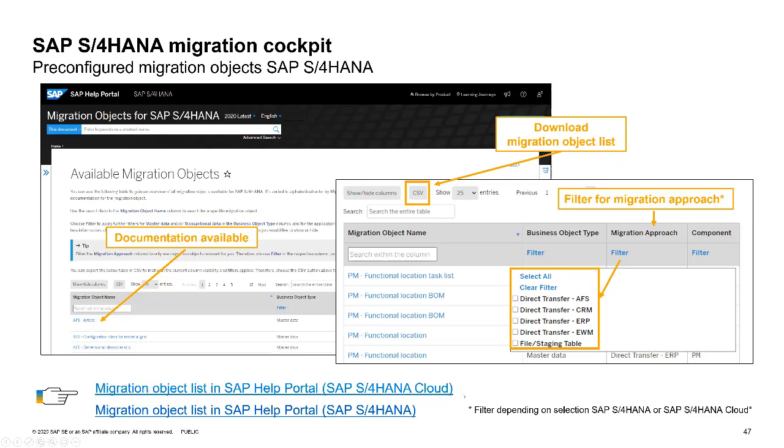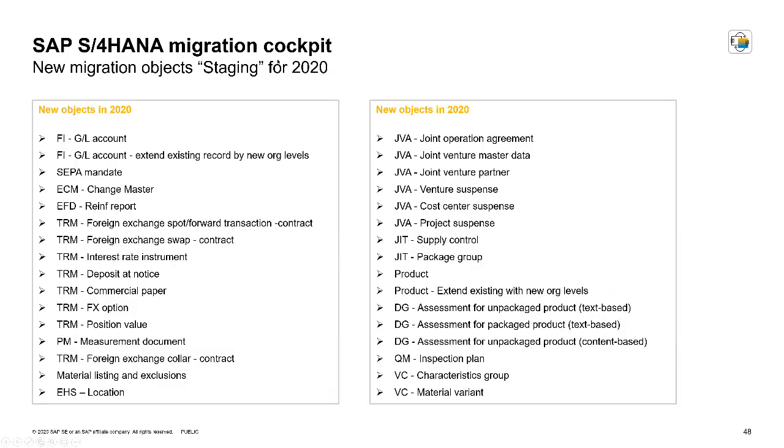We have this separated in the cloud solution and in the on-premise solution. You are able to download the list of objects. So please check the possible and the available objects beforehand, so that you can choose the right approach, which is sufficient for your needs. This is important. For staging, we have for 2020 a lot of new objects, as you can see. So we will improve this release by release with more content.